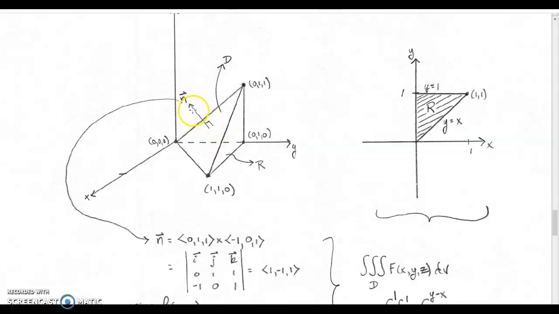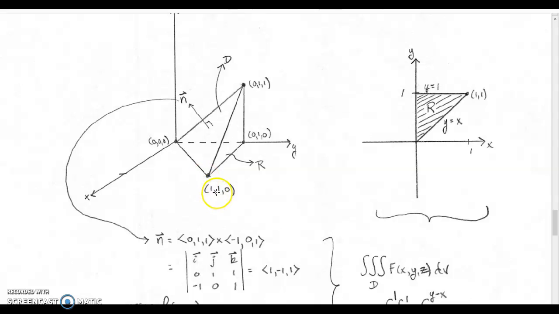So now the normal here is going to be perpendicular to any two vectors I can find in the plane. So I'm going to use the vector from 0 to the point 0, 1, 1. So that's the vector 0, 1, 1. And then I'm going to use the vector from 0, 1, 1 to 1, 1, 0.